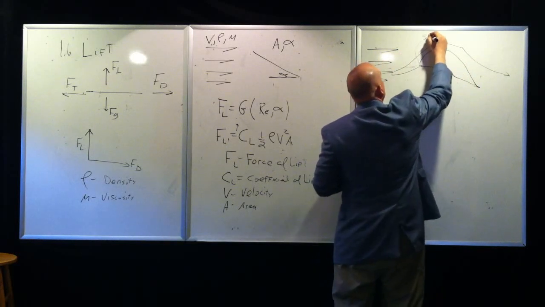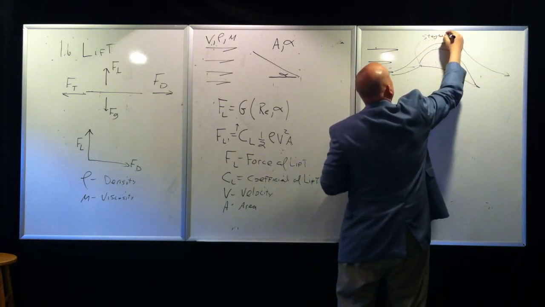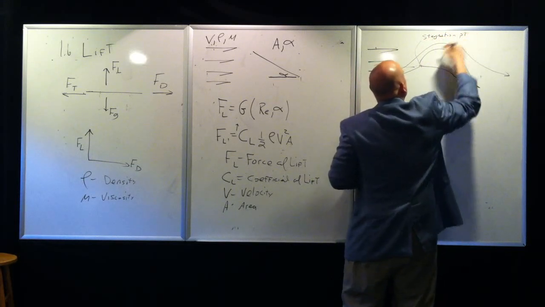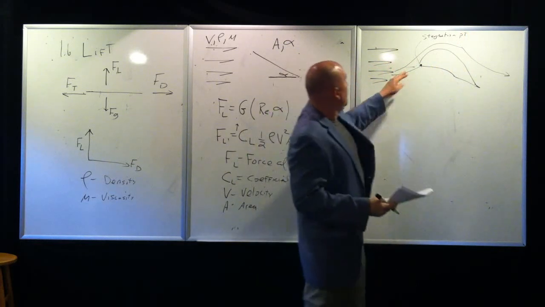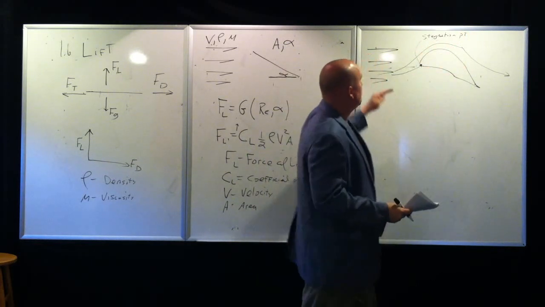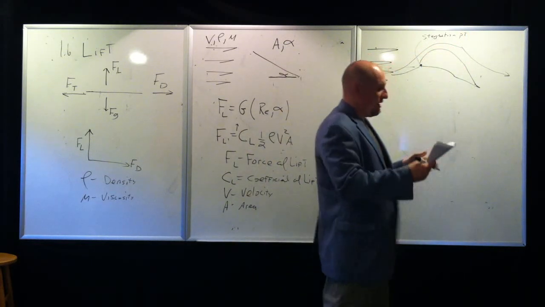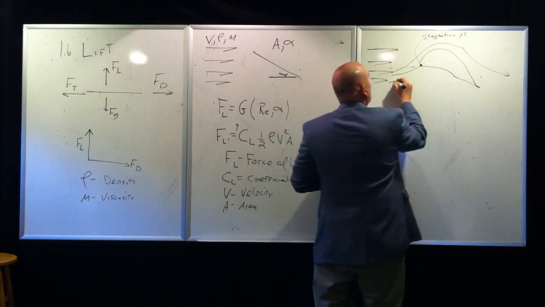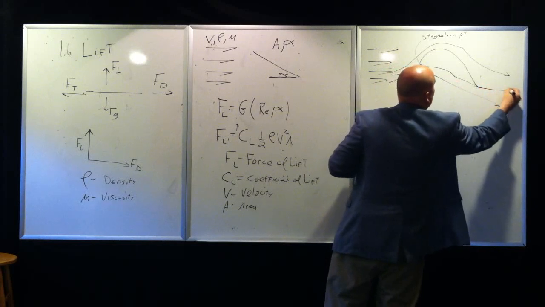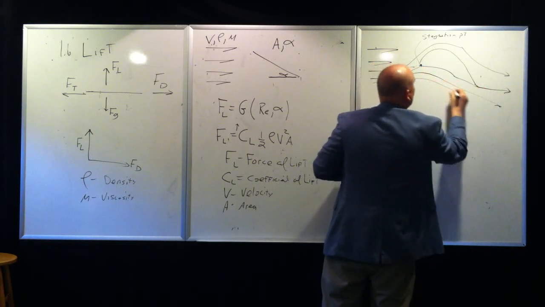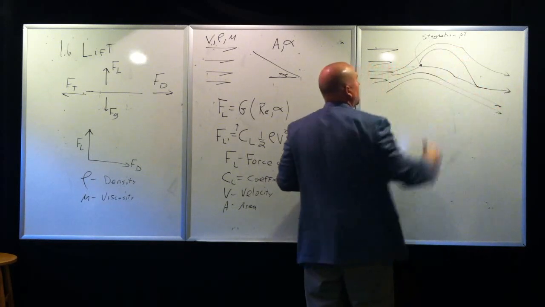This is going to be a stagnation point. A stagnation point is where you have zero velocity. Here the streamlines are going to deform around your shape. The flow will go around, then you can have flow coming off, deforming around your shape.